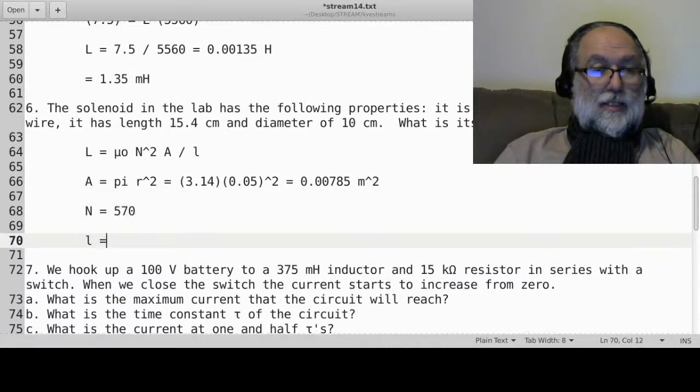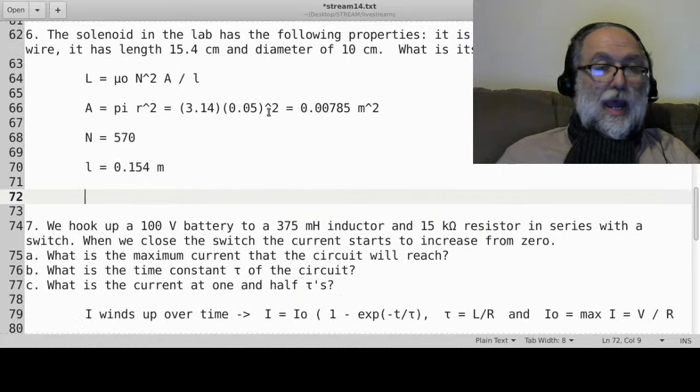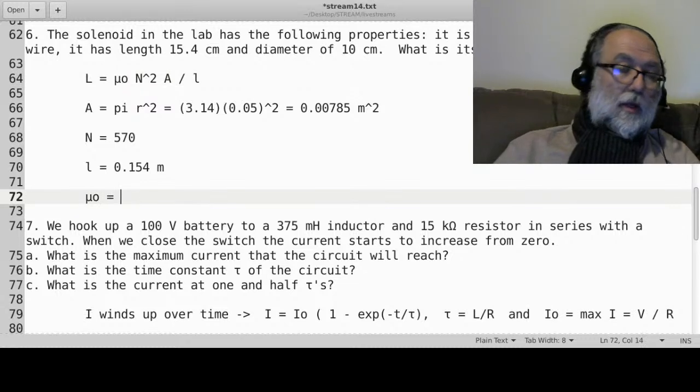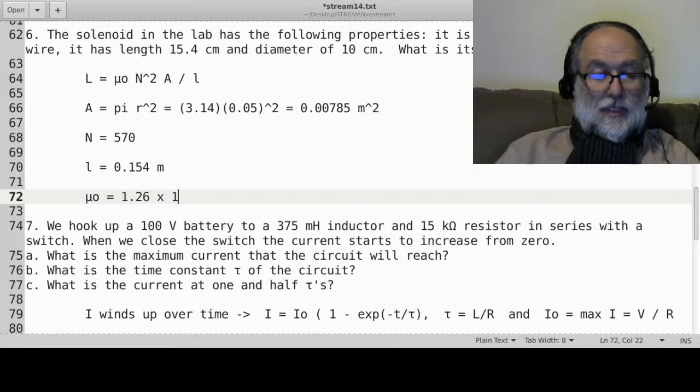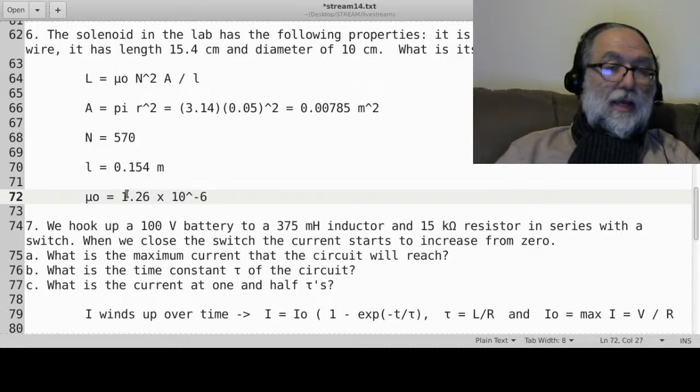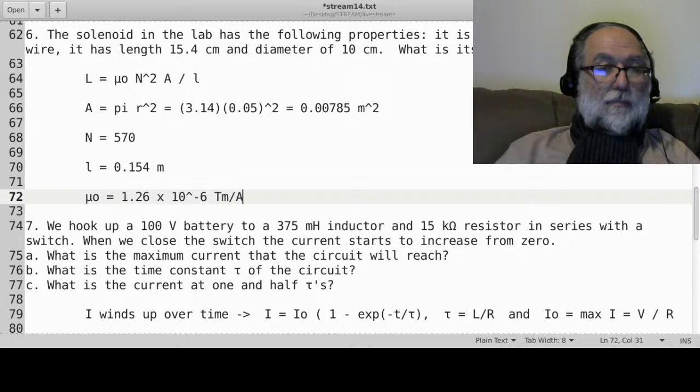L is the 15.4, and we're going to change that to meters, so 0.154 meters. And the mu naught is just a number, 1.26 times 10 to the negative 6, and the units are going to be Tesla meters squared per amp.